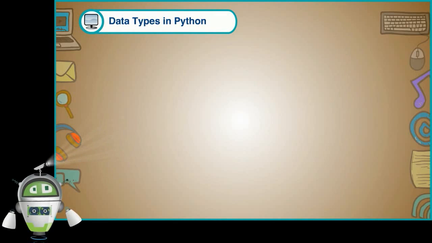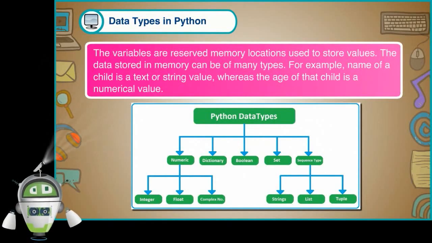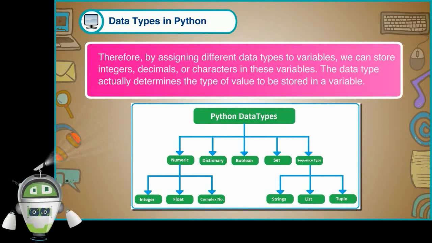Data types in Python. The variables are reserved memory locations used to store values. The data stored in memory can be of many types. For example, the name of a child is a text or string value, whereas the age of that child is a numerical value. Therefore, by assigning different data types to variables, we can store integers, decimals, or characters in these variables.